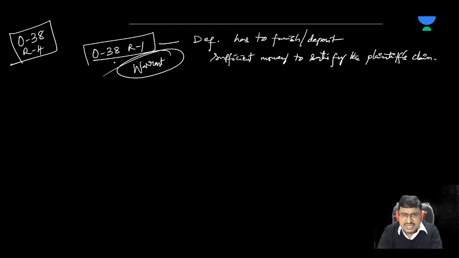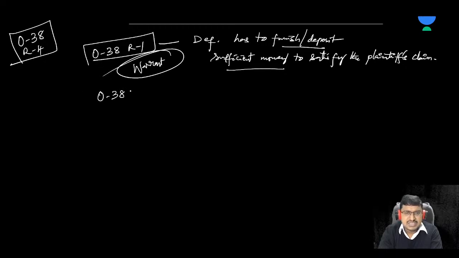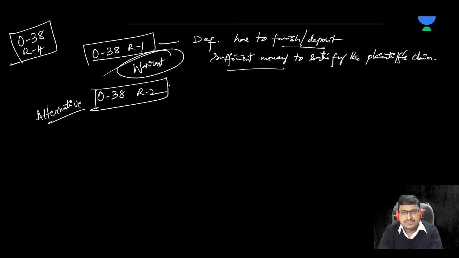If the defendant is not able to furnish or deposit sufficient money to satisfy the plaintiff's claim, then he may have an alternative that is stated under Order 38 Rule 2.